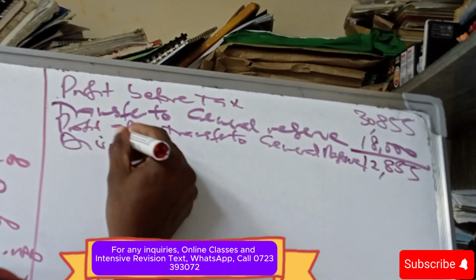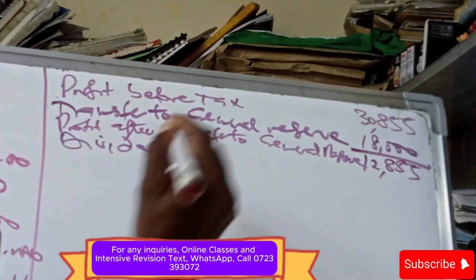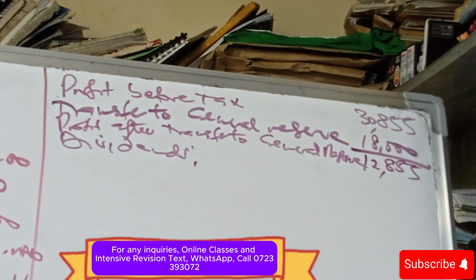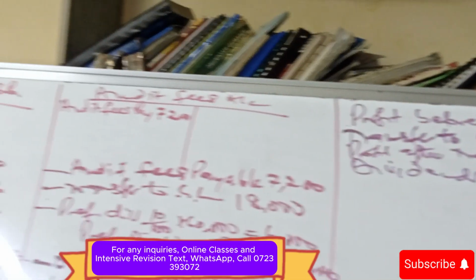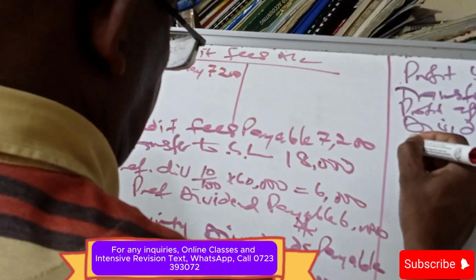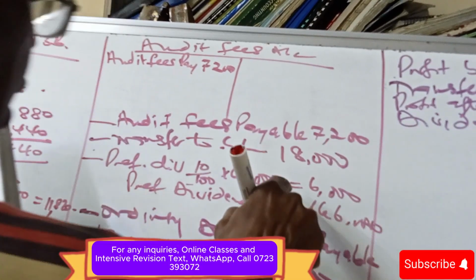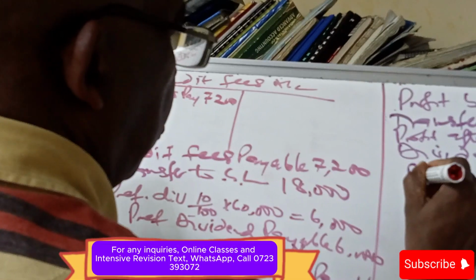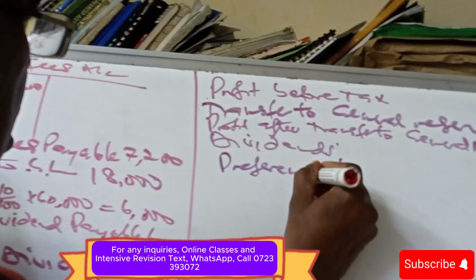Then we say dividends. Always remember that dividend can be both interim and final. But in our case, we don't have any dividend which has been paid on an interim basis. We have dividends which are payable. So we talk about preference dividend of 6,000.